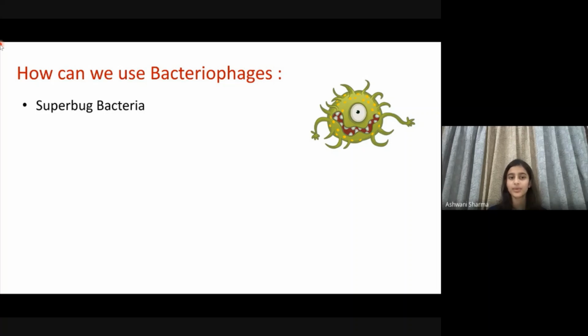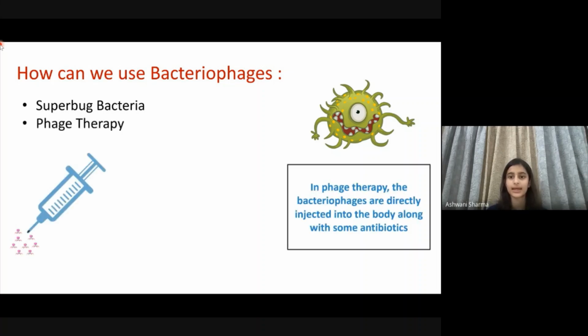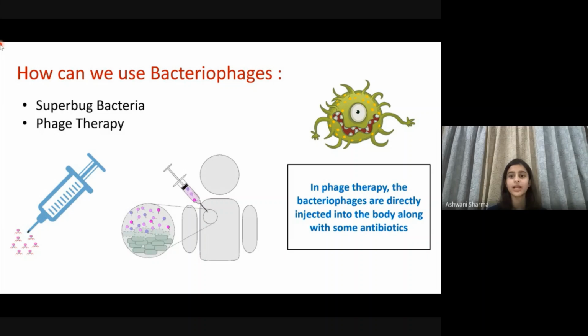If this superbug bacteria is immune to the antibiotics, then how will we be able to kill it? Well, the answer to that is phage therapy. In phage therapy, millions of bacteriophages are directly injected in the site of infection along with some antibiotics.